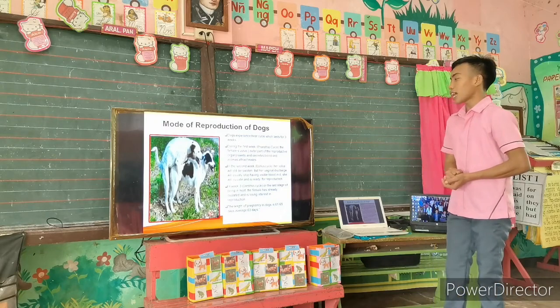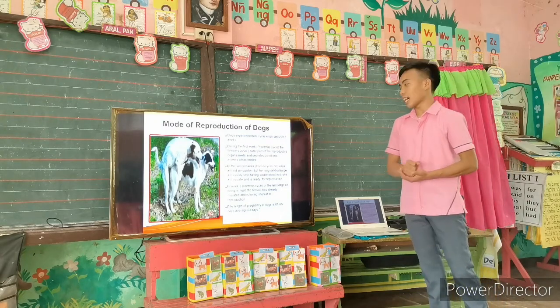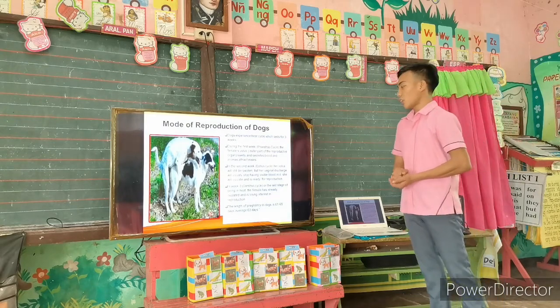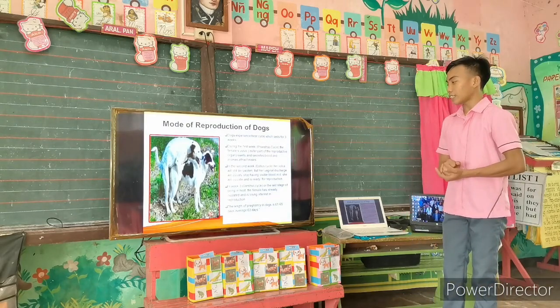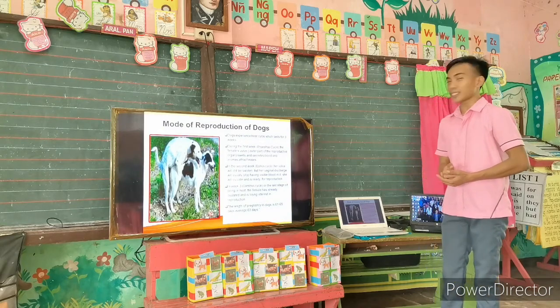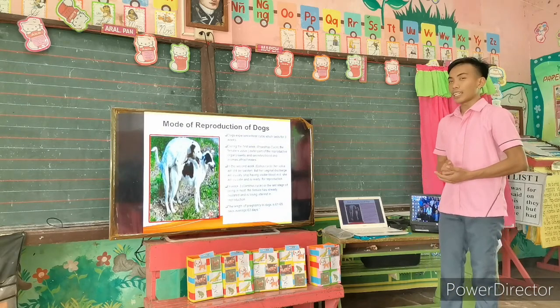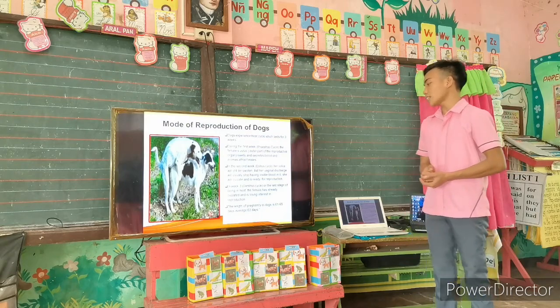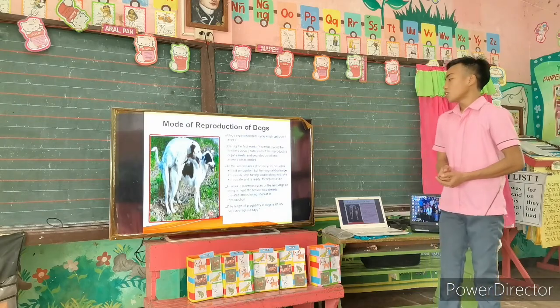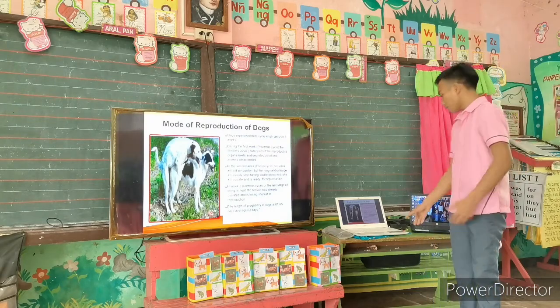She will ovulate and is ready for reproduction. In week 3, diestrus, or the last stage of being in heat, the female has already ovulated and is losing interest in reproduction. The length of pregnancy in dogs is 61 to 65 days, or 63 days on average.